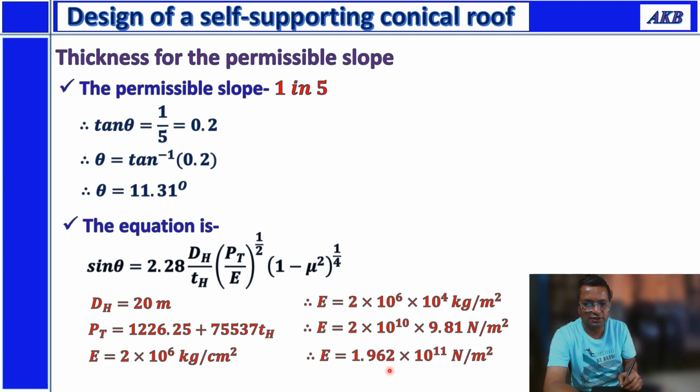So that gives us E as 1.962 into 10 to the power 11 Newton per meter square. Mu, the Poisson's ratio is given 0.33. Now we are going to use these values in this equation to get the value of th. Theta is given to us, and for given theta we are going to calculate thickness for the roof.